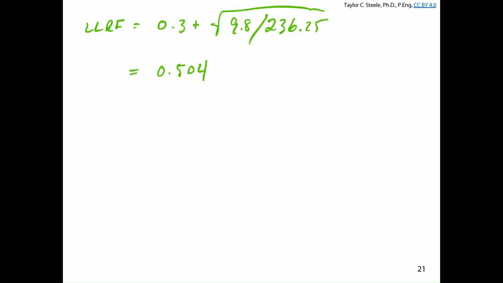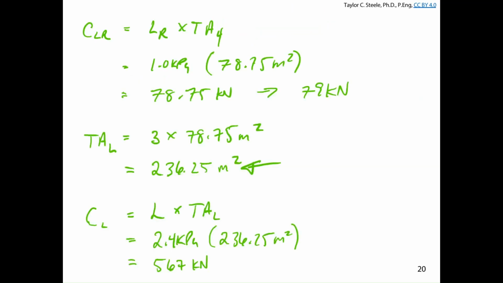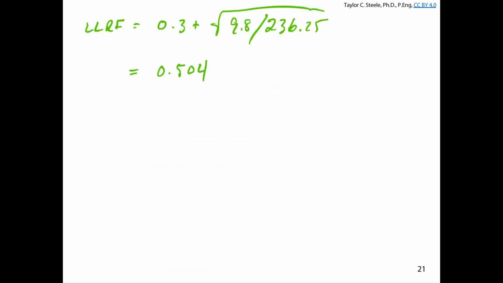I sure would. Okay, so what that means is we can take our 567 kilonewtons that we calculated, and reduce that by multiplying it by 0.504, and I'm going to denote this as CL star. Star, when we talk about live loads, is going to denote that that's the reduced value. I don't use R because it's confusing with roof, so I'm just going to denote it as star.